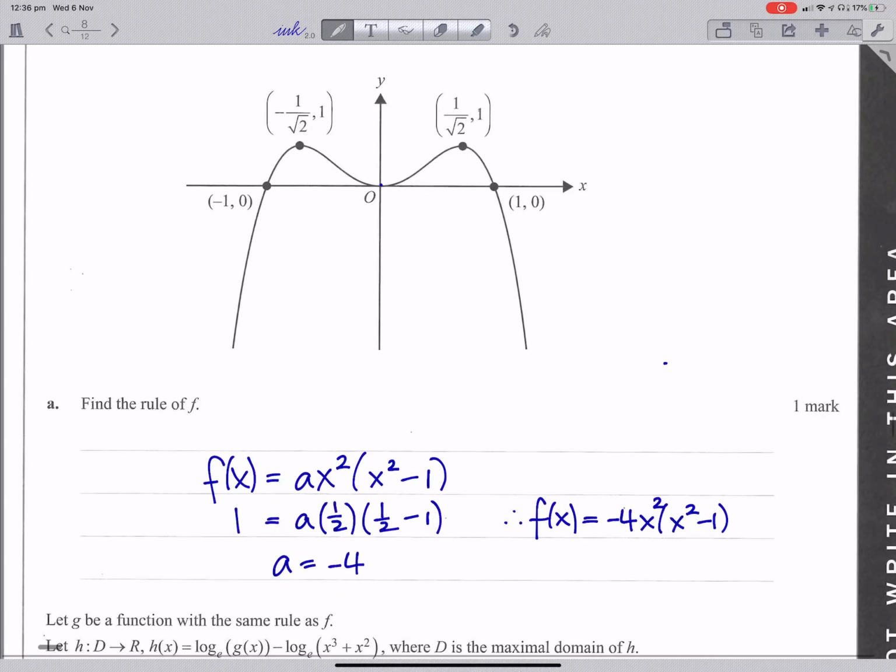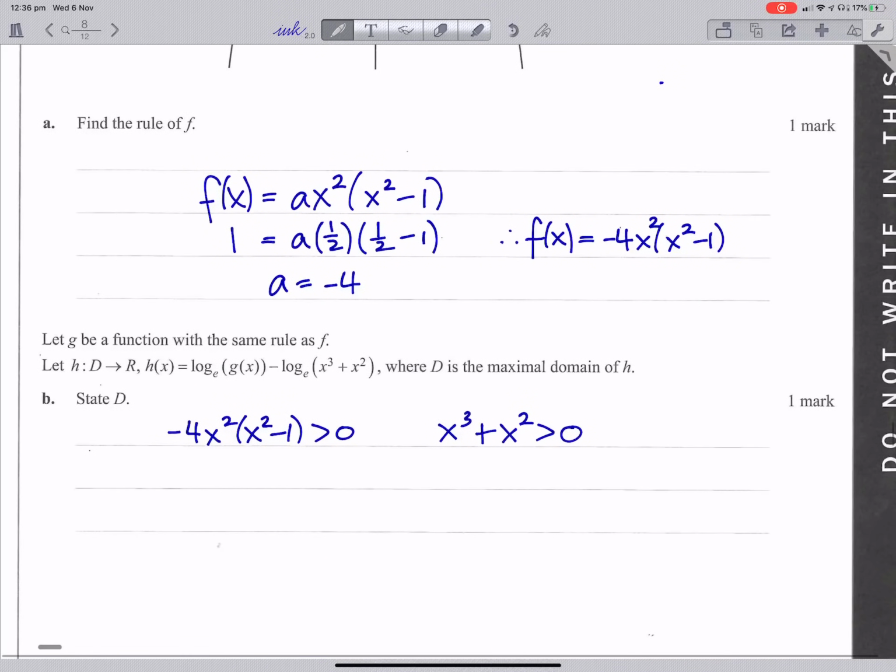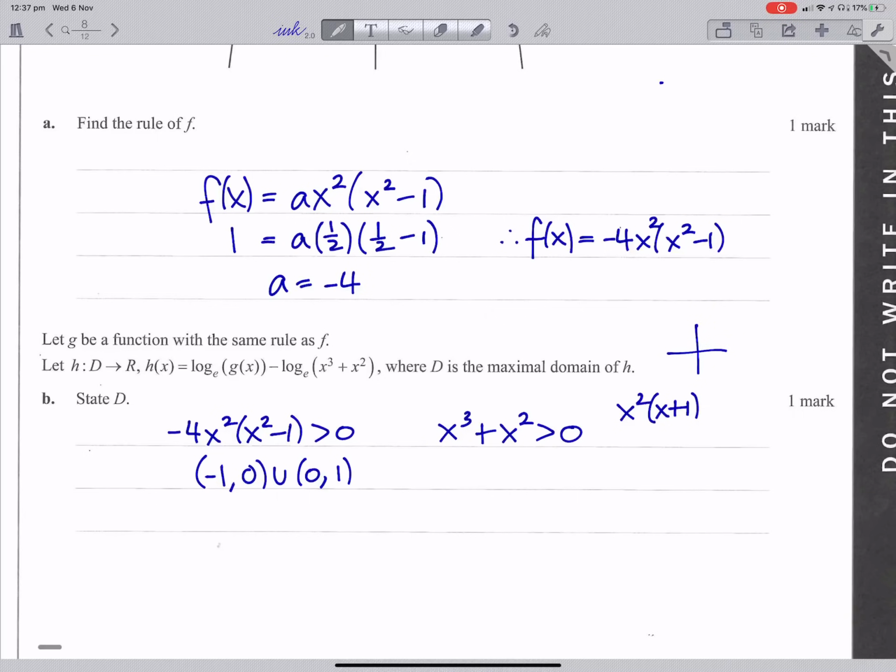Okay, and we know from negative 1 to 0, or 0 to 1. This one here, if we take out x squared, we've got x squared, x plus 1. So if we sketch that, we've got a turning point at 0, and then we've got an intercept at -1.